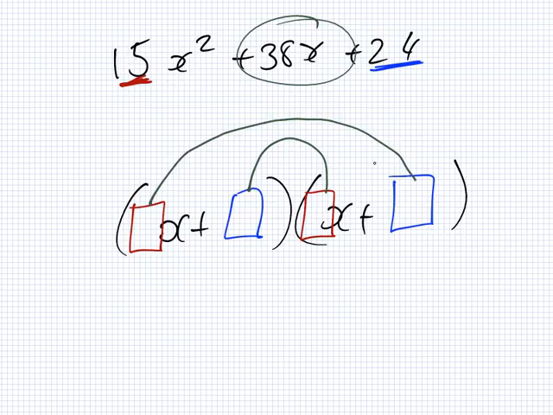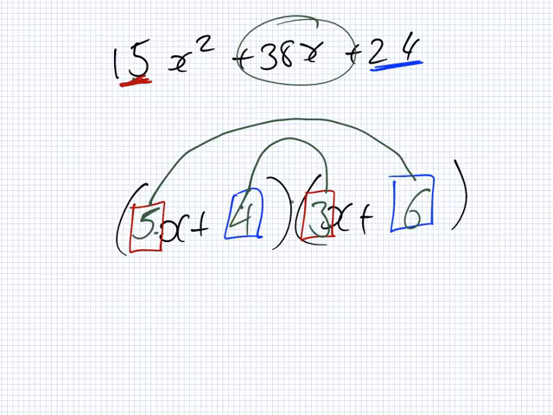So I'll give you a random example. Two numbers that multiply to make 15: 5 and 3, for example. And two numbers that make 24: not 3 and 4, 4 and 6.